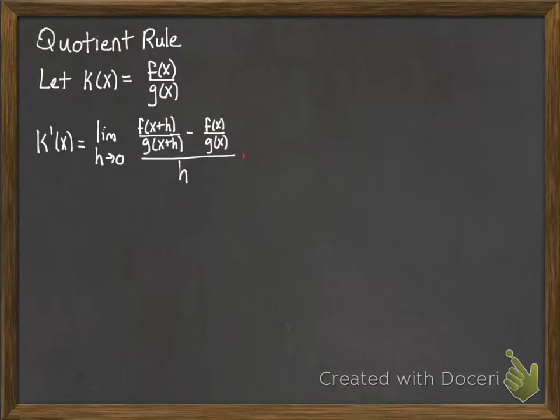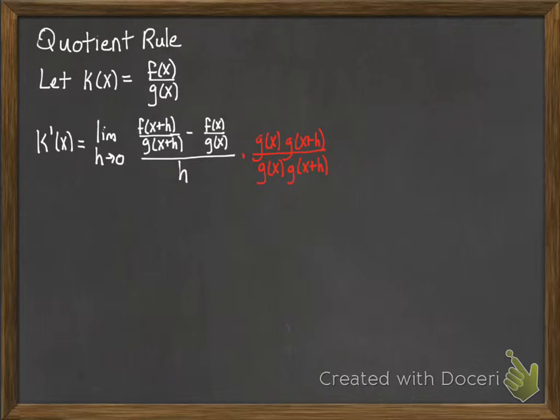So we multiply both top and bottom by the common denominator. We're okay doing this because k of x is not defined when g is 0, so g of x can't be 0, and we can always make h small enough so that g of x plus h wouldn't be 0 either.